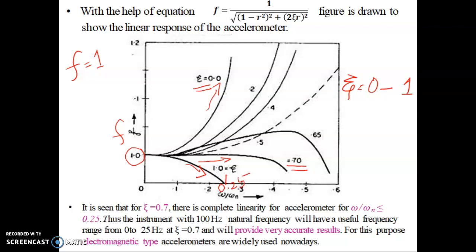So it is seen that for theta equal to 0.7, there is complete linearity for the accelerometer for omega by omega n less than or equal to 0.25, and it will provide very accurate results.